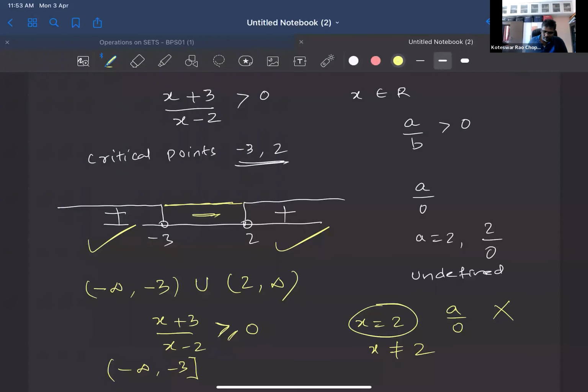So your solutions will be minus infinity to minus 3 and then 2 to infinity. You're okay? Okay, so I think we'll maybe stop here.